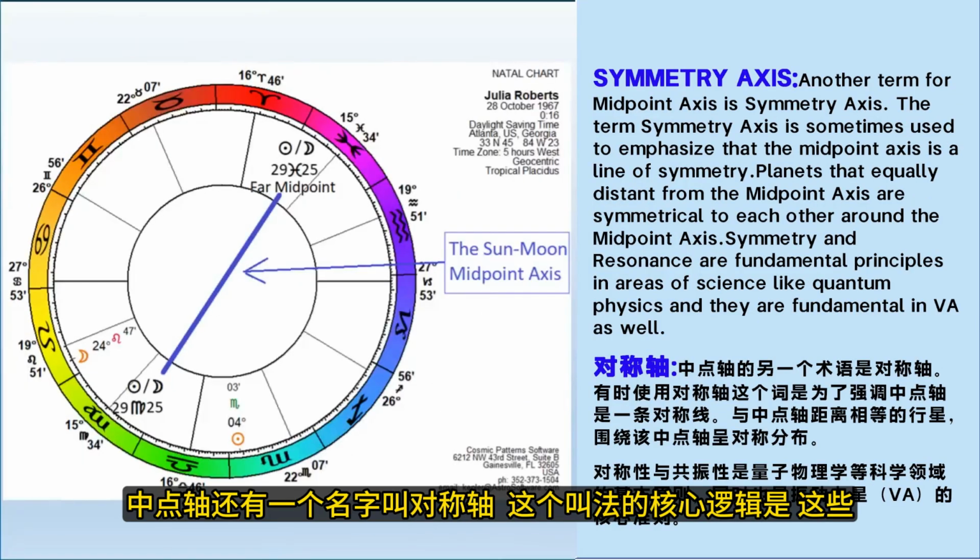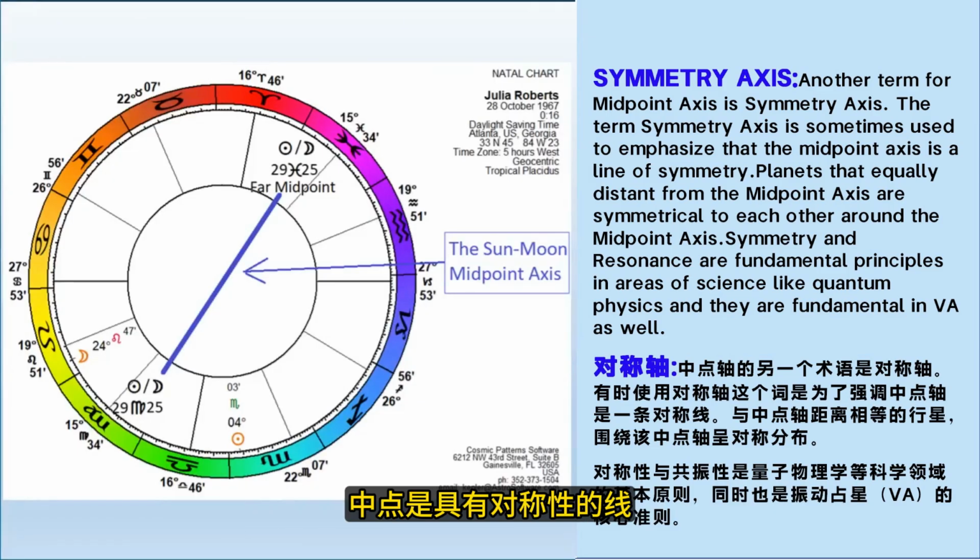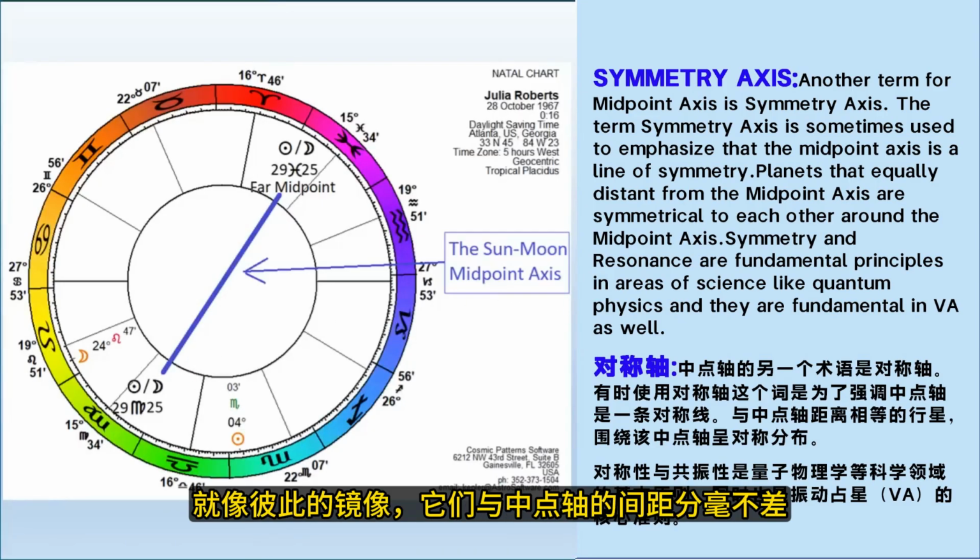All right, and another term for midpoint axis is symmetry axis. The idea here is that these midpoints are lines of symmetry because the sun and moon are equidistant from this axis. So this axis makes a mirror image where the sun and moon are like reflections of each other.